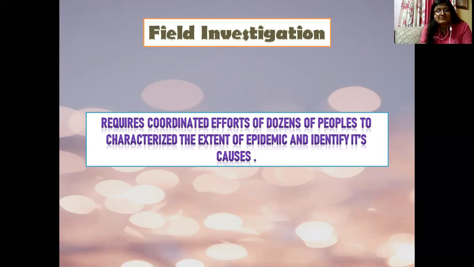So it needs a large effort, and a dozen people, to characterize the extent of the epidemic and find the causes of the diseases. Field work is basically hard work to detect and diagnose the disease and start treatment among the population.